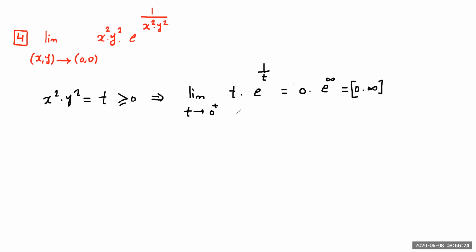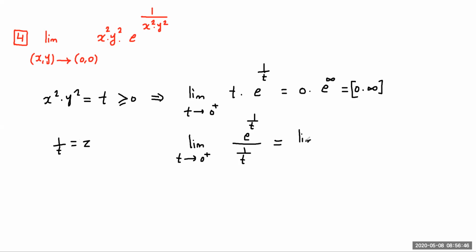So let's go back to this limit here. Let's write this as e^(1/t) divided by 1/t, where t approaches 0 positive. So let's suppose here 1 over t is a new variable z, for example.